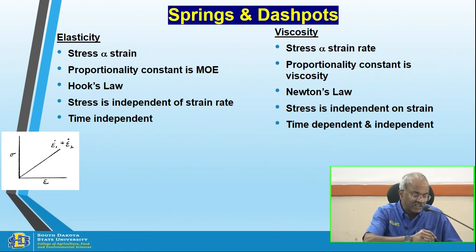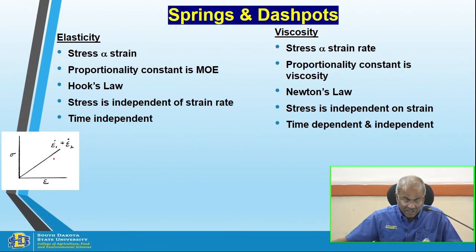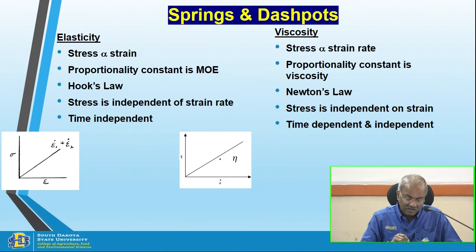Here, if you look at the stress and strain for the elasticity component, because stress is independent of strain rate, everything is included within the elastic component itself. This is for viscosity, stress over shear strain rate, the slope of the line is viscosity.